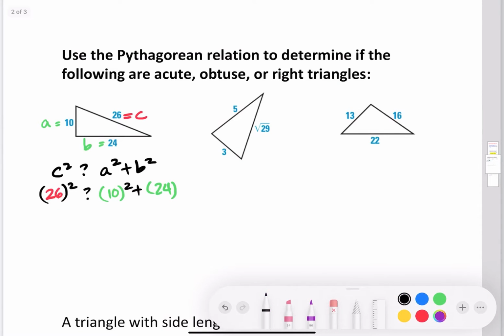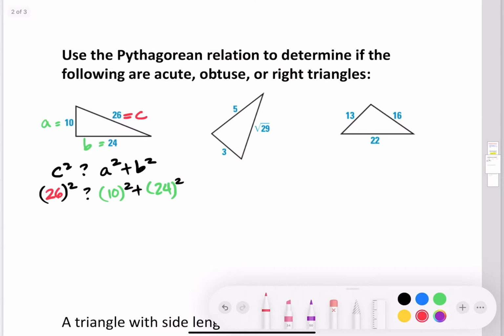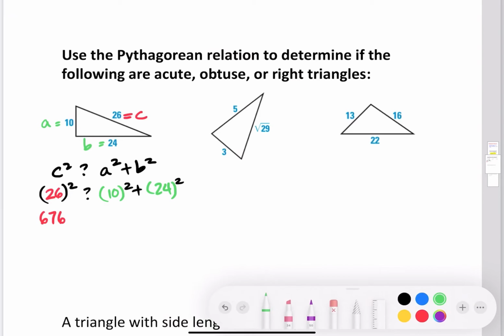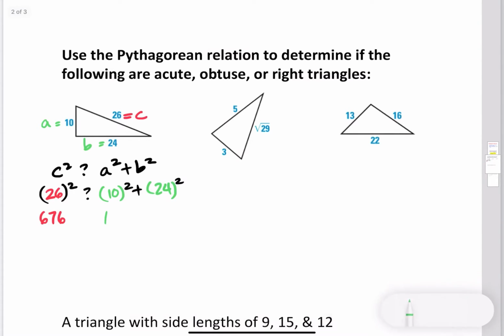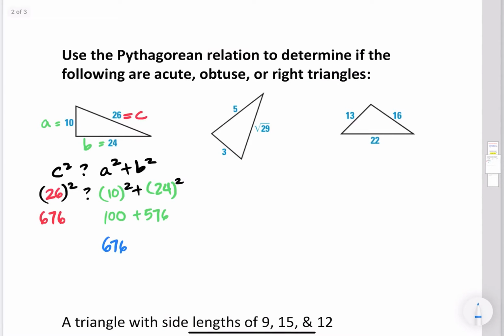Once we substitute everything in, all we have to do is the math. 26 squared is 676. And 10 squared is 100, and 24 squared is 576. If we add those together, 100 plus 576, that gives us 676, which is the same thing we had with c squared.